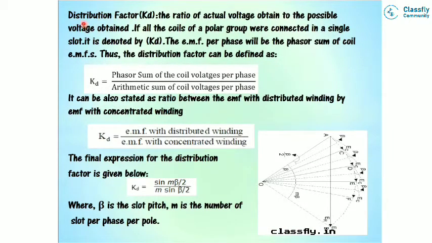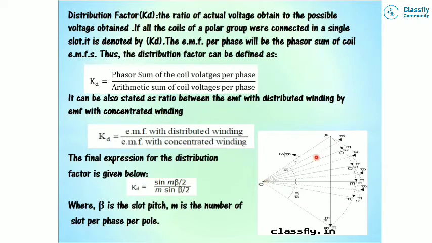Your distribution factor is denoted by Kd, and it is the ratio of the actual voltage obtained to the possible voltage. The possible voltage is obtained if all the coils of a polar group were connected in a single slot.